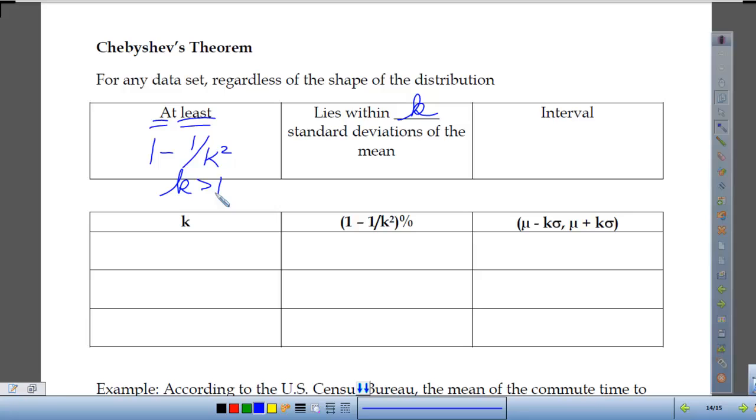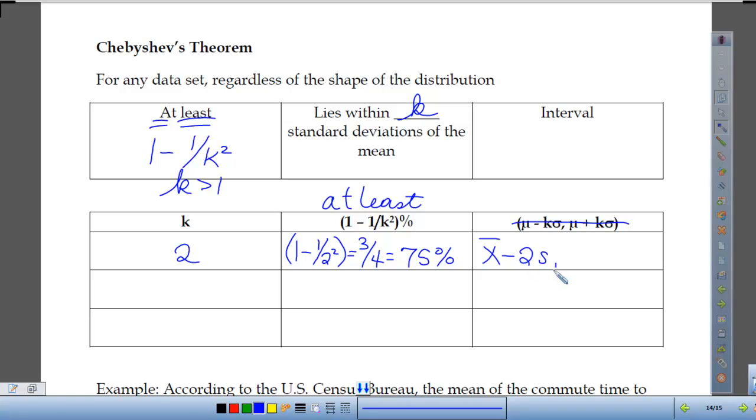So for instance, let's say k is equal to 2. Then we would say at least 1 minus 1 over 2 squared, which comes up to 3/4 or 75%. At least 75% of the data will fall between x bar minus 2s and x bar plus 2s.